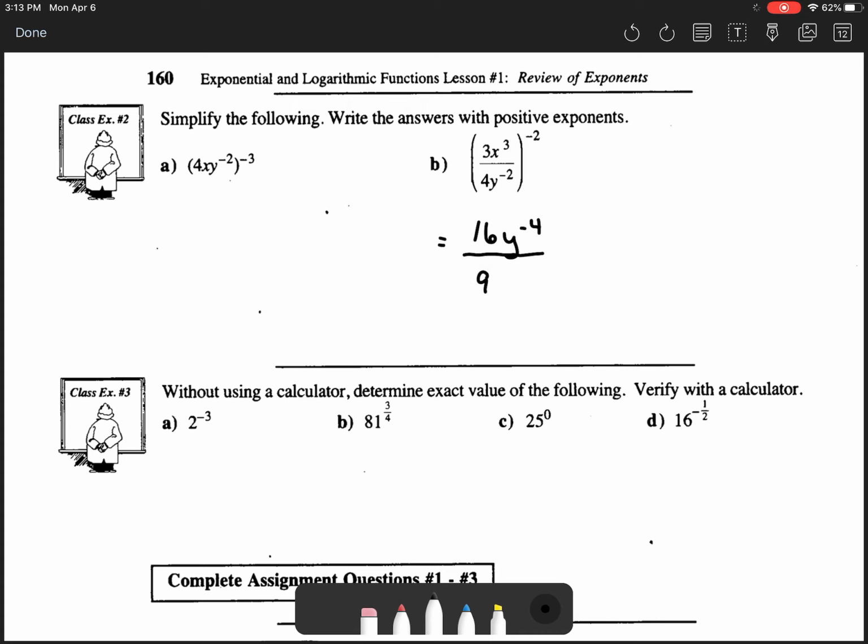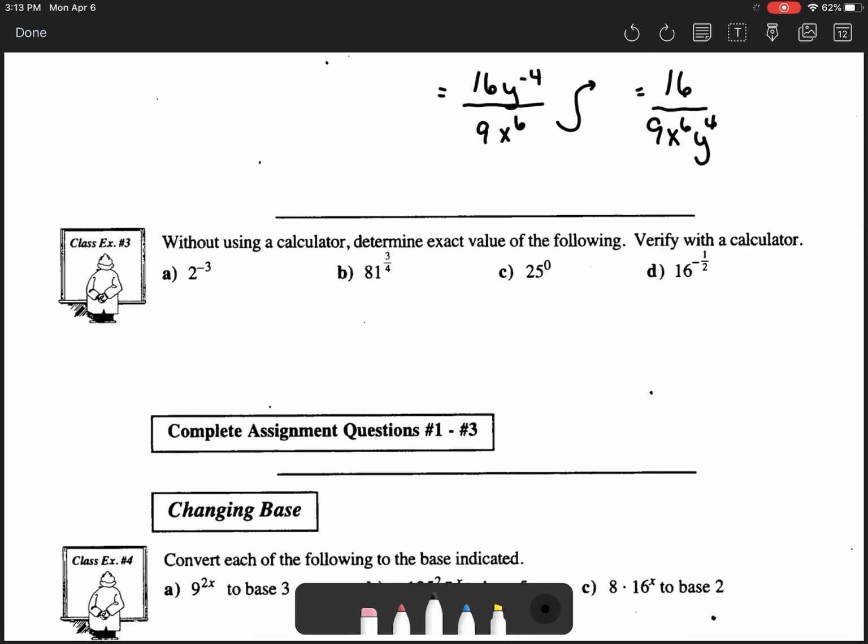So what did I have? 16 y to the negative 4, and then I had 9 x to the exponent of 6. So from there, I will just be taking the negative 4 to the denominator. So I'll have 16 all over 9 x to the exponent of 6, y to the exponent of 4. And there's your simplified expression.